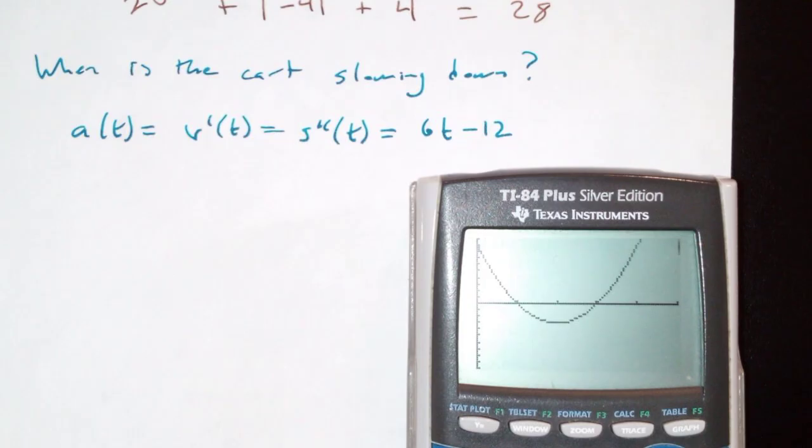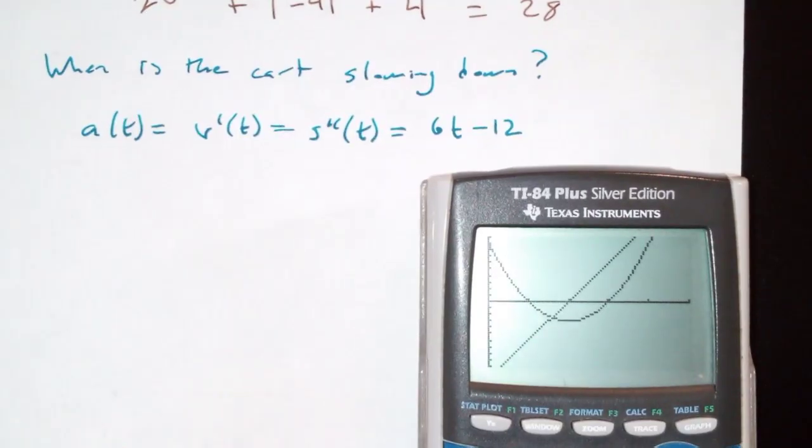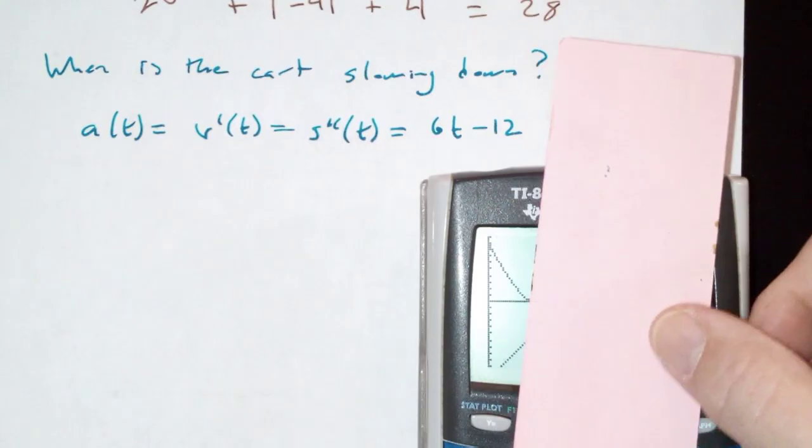That makes sense. My graph of my velocity is a parabola, 3t squared. And there's my acceleration. Okay. So let's think about what's happening at different points in time here. Between time 0 and time 1.